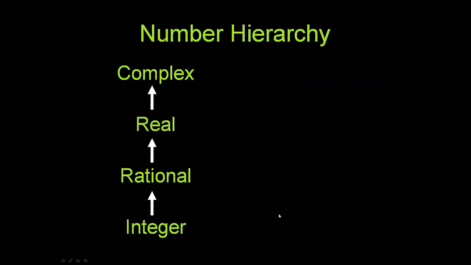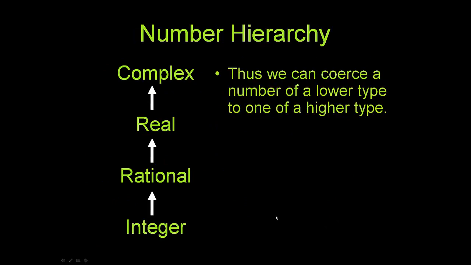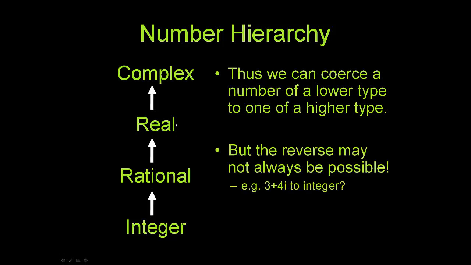A rational number is a real number. A real number is a complex number, right? So if you want to do this addition, you can coerce a number of a lower type into a higher type. For example, if you want to add a rational number to a complex number, you convert the rational number into a complex number and then add both of them as complex numbers. Now, it turns out that the reverse doesn't always hold. For example, you cannot convert 3 plus 4i to an integer, because an integer is not necessarily a complex number, right?